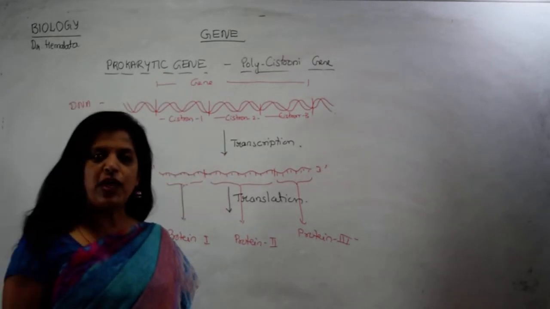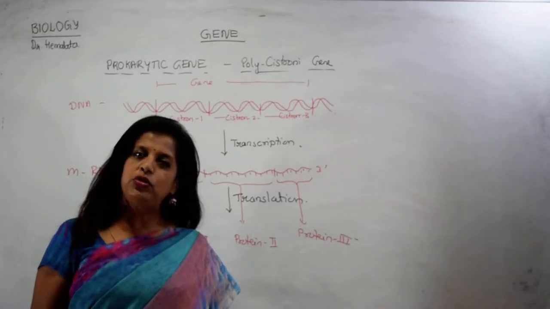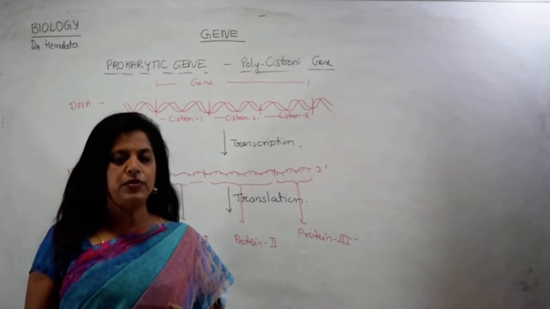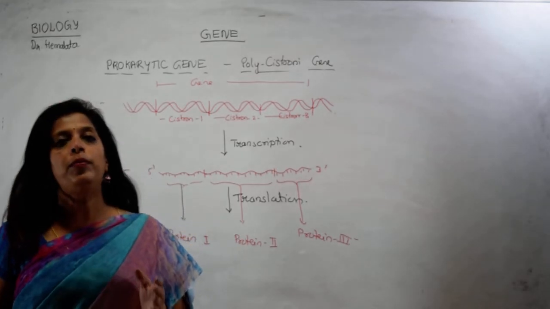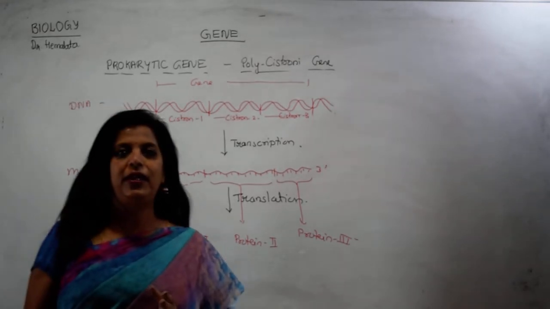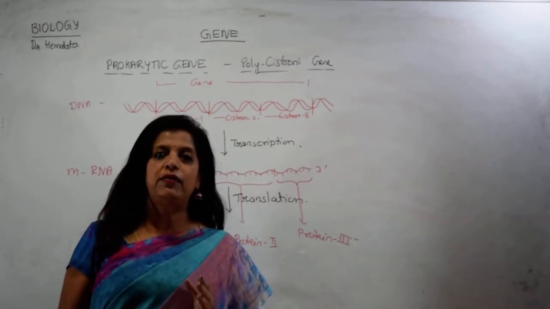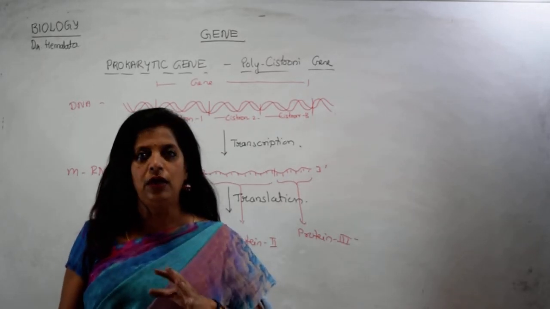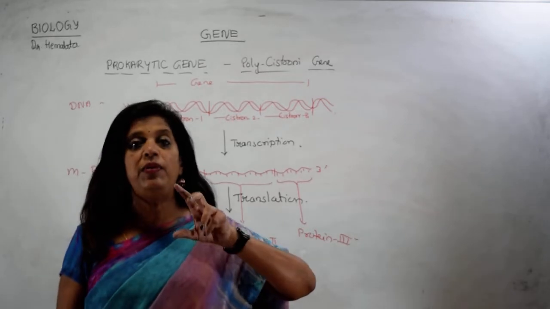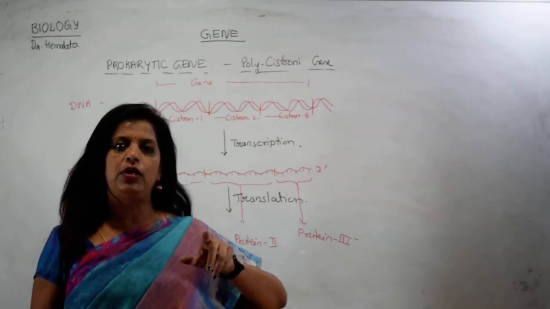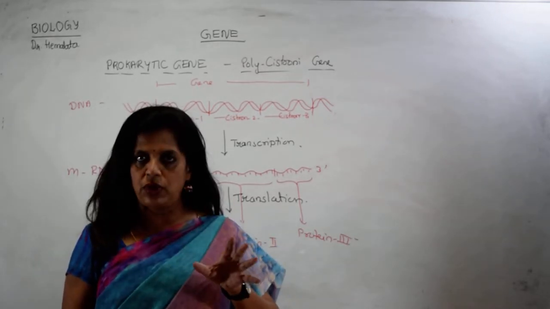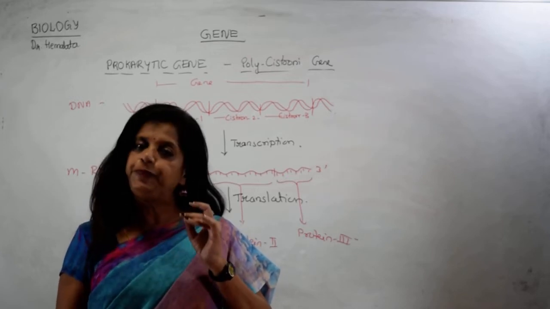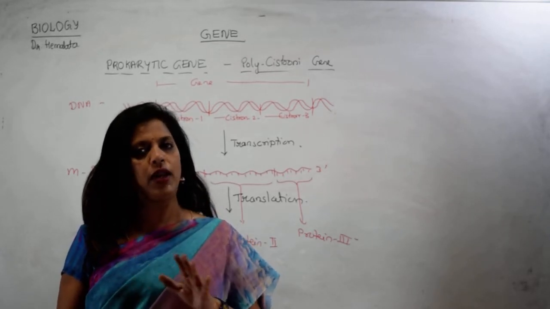What are prokaryotes? I hope you know. Prokaryotes are those lower organisms that do not have a proper nucleus. That is, the nucleus is not covered by a definite nuclear membrane, and they don't have membrane-bound organelles like mitochondria, chloroplast, Golgi bodies, endoplasmic reticulum. All are absent.